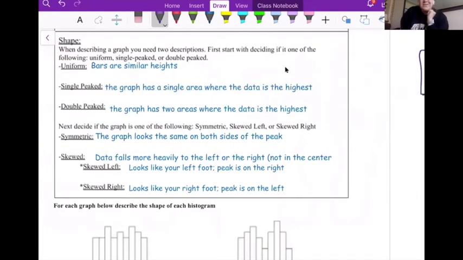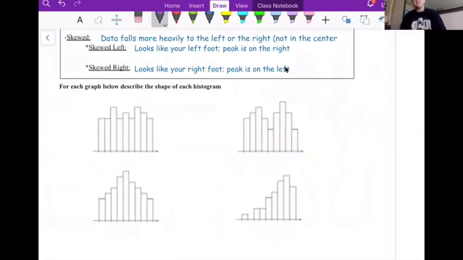Now, this is a little confusing. I get that. I sometimes still get them mixed up in my head. But thinking about if it's left skewed, it looks like your left foot. If it's right skewed, it looks like your right foot. So then if we want to describe these, this one would be symmetric.